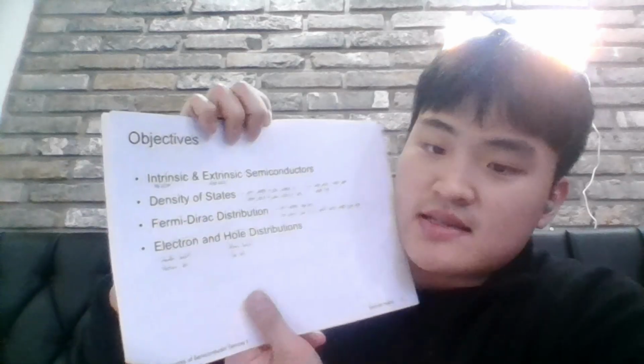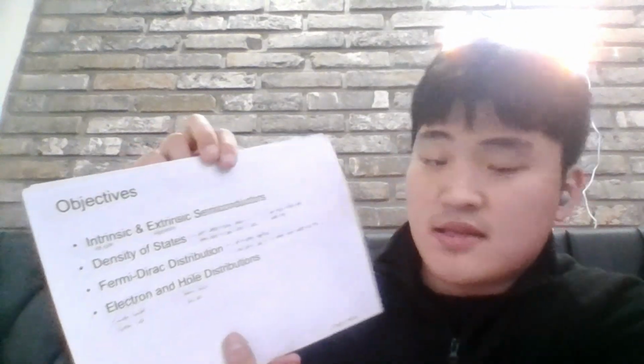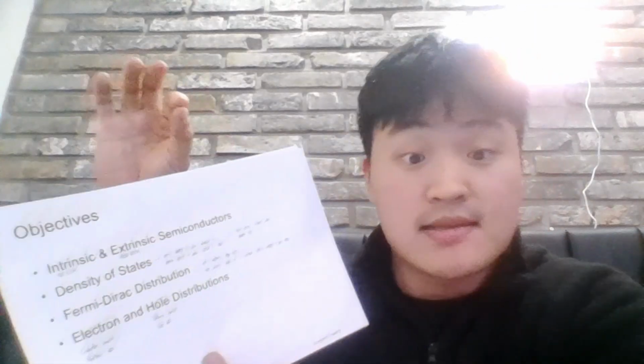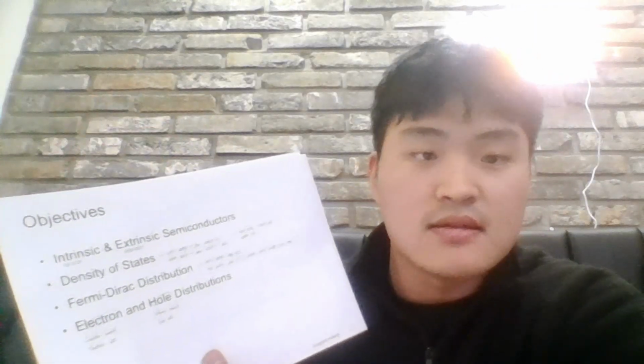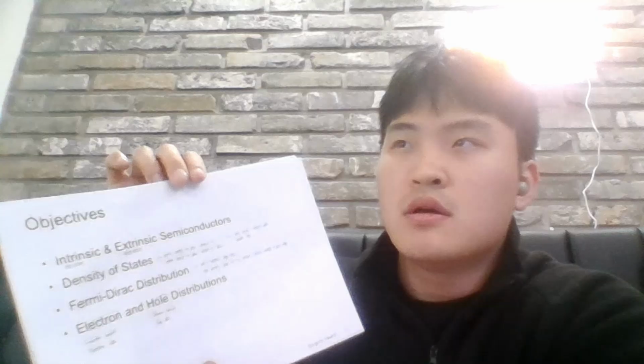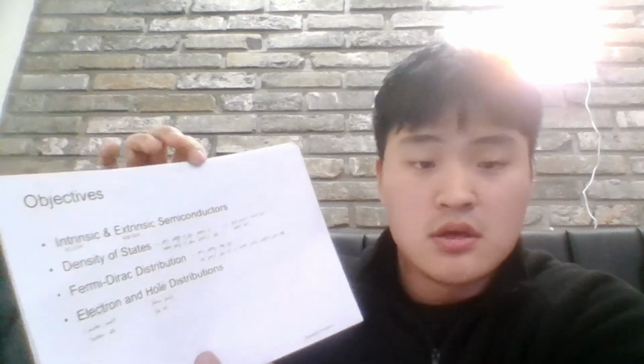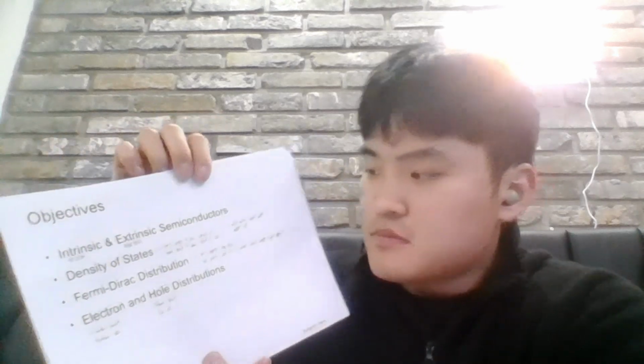So that was extrinsic semiconductors, and the next concept is density of states. Density of states is the number of states that the electrons can exist in. So it's kind of like the number of rooms in a hotel. It might be way easier to understand.